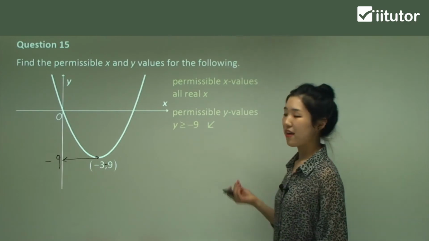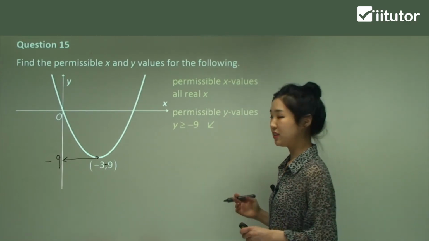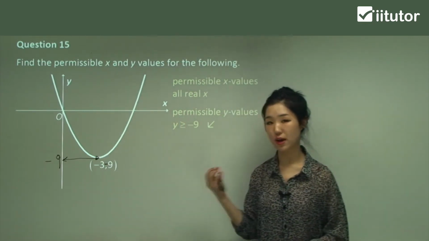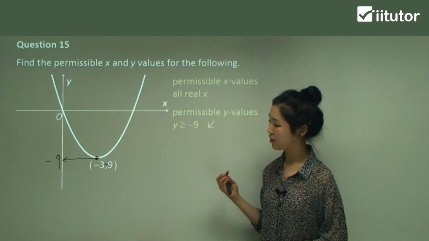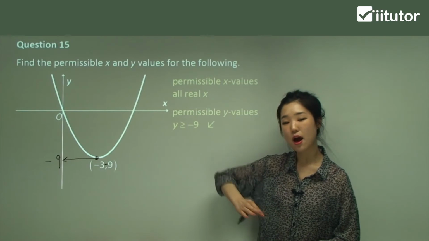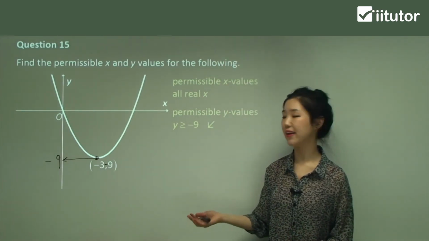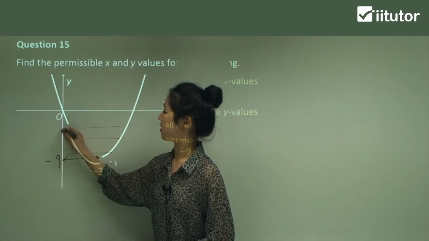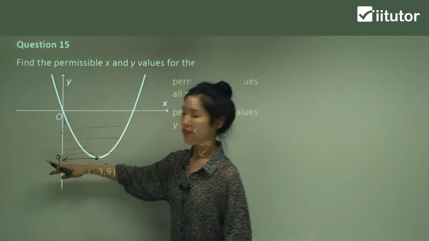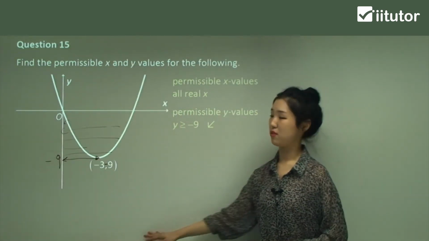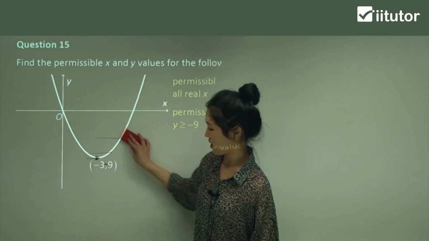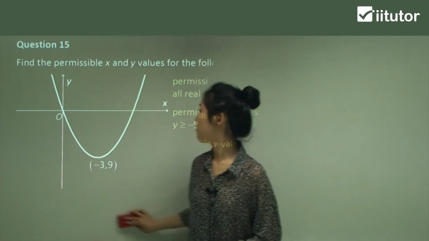It's simply y is greater than or equal to -9, because that point there is -9, so we're going to include that point, and anything above that is where the graph lies. So all the y values are these y values here, all these values that are above -9. So that's the answer for the permissible y values. Make sure that's -9. It was a little bit of a mistake.